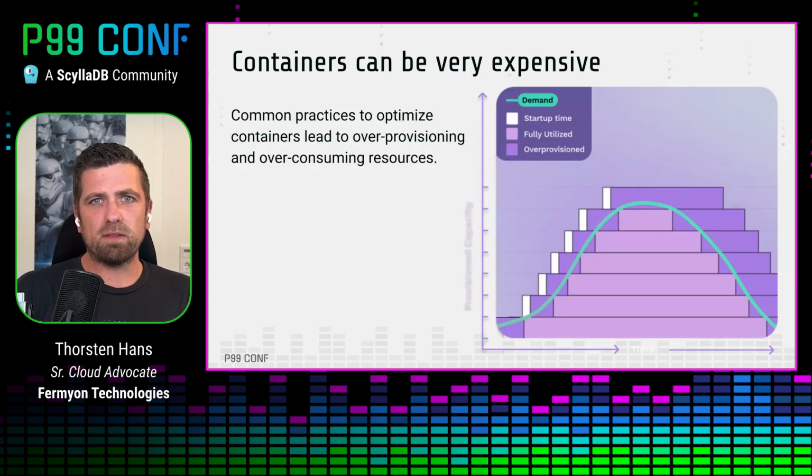In order to address some of those shortcomings from containers, like their size and maybe that underlying platform limitations that prevent us from actually scaling down to zero and scaling up to deal with unexpected load, we tend to use something that's called over-provisioning, where we keep instances of our containers running in order to handle load that may appear in the near future.